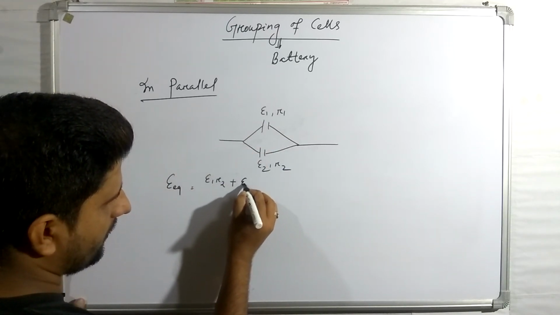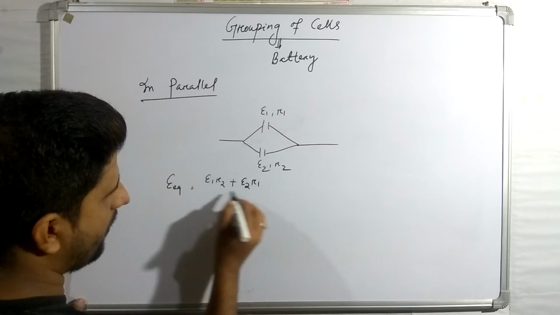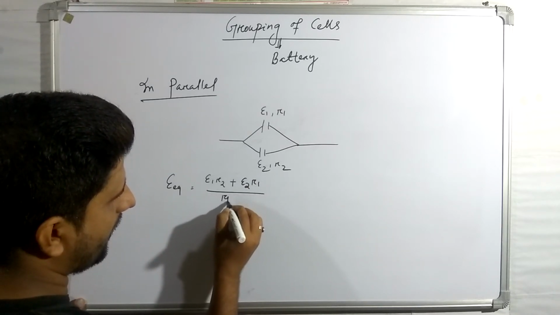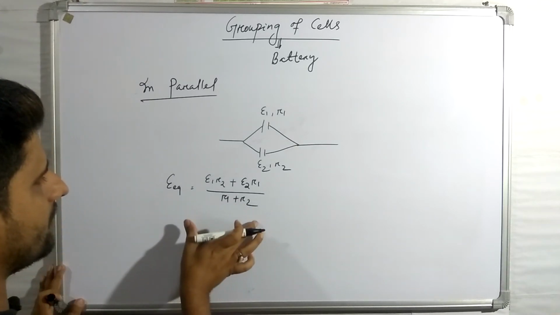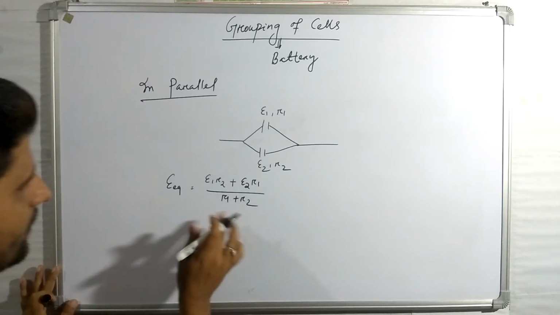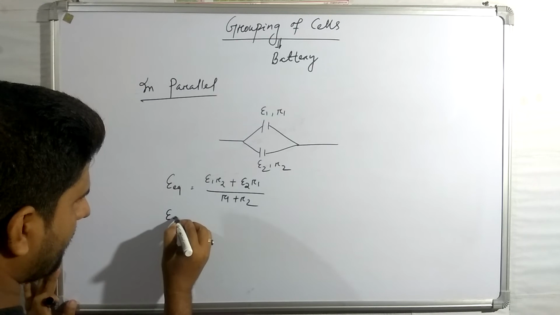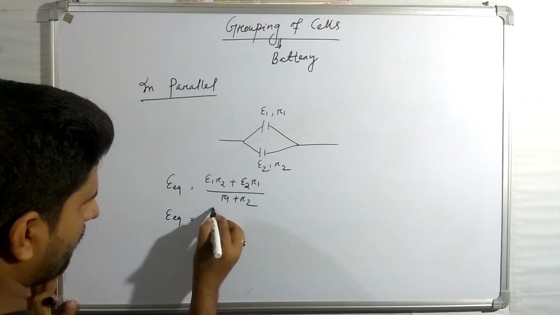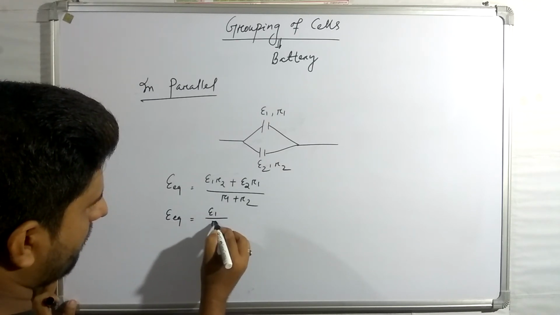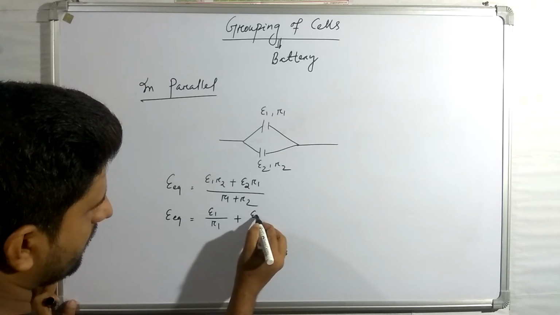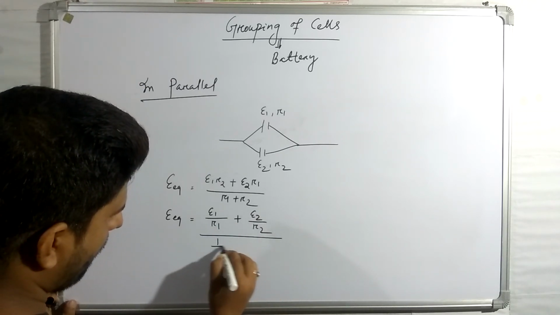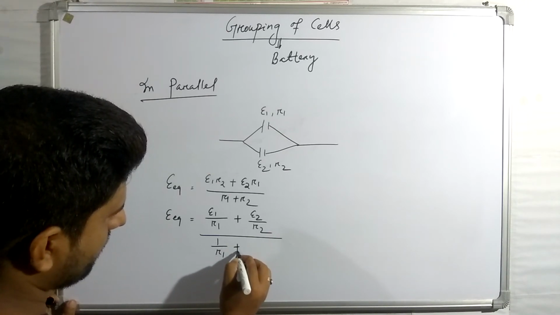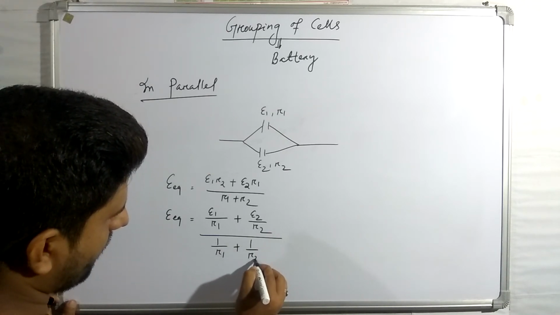then the equivalent EMF of cells in parallel equals (E1 r2 plus E2 r1) divided by (r1 plus r2). So this is the equivalent EMF. We can also write this equivalent EMF as (E1 by r1 plus E2 by r2) divided by (1 by r1 plus 1 by r2).